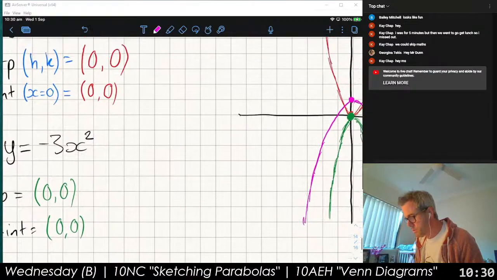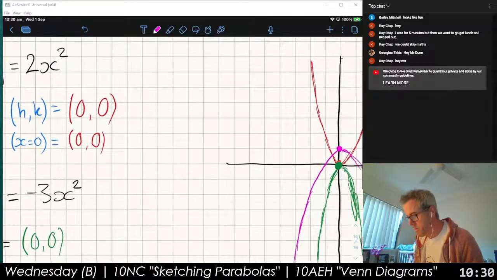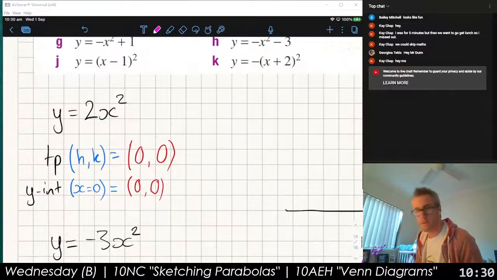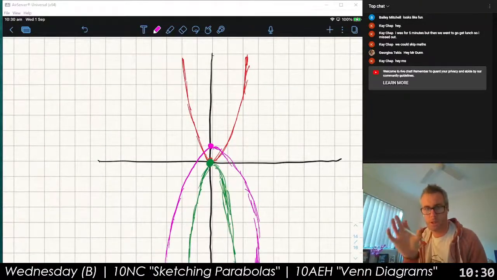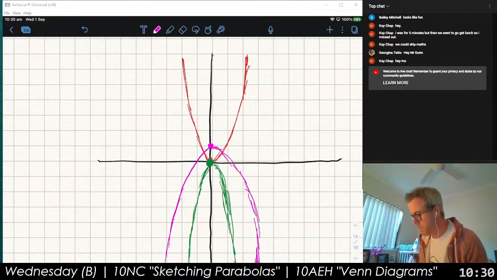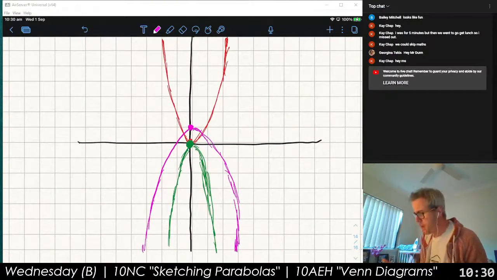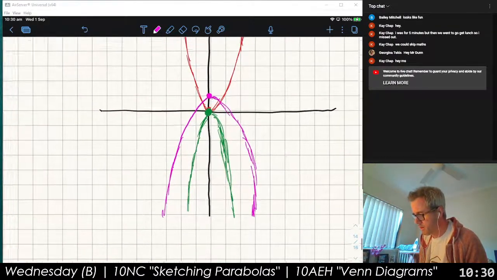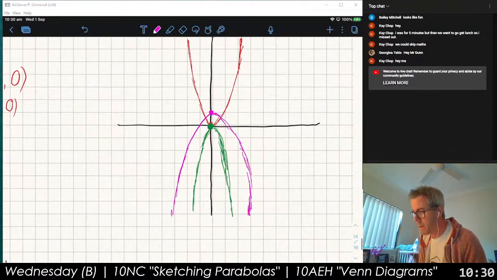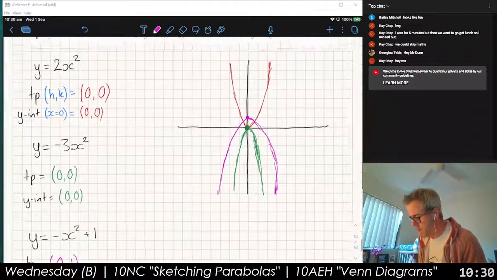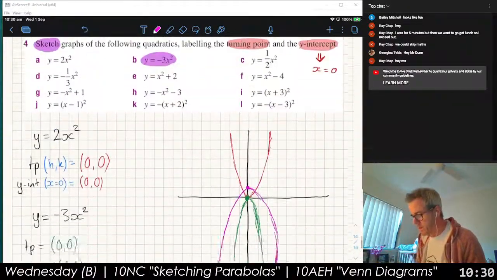It is also probably much wider than my 2x squared, because again, it's got a value of 1. So the larger the a value, the narrower it is. Again, not 100% perfect, but pretty close, relatively accurate like that. Hopefully that makes sense for question 4.